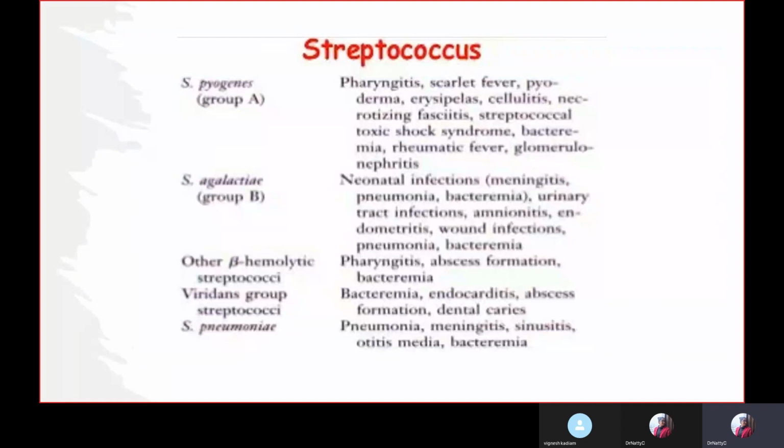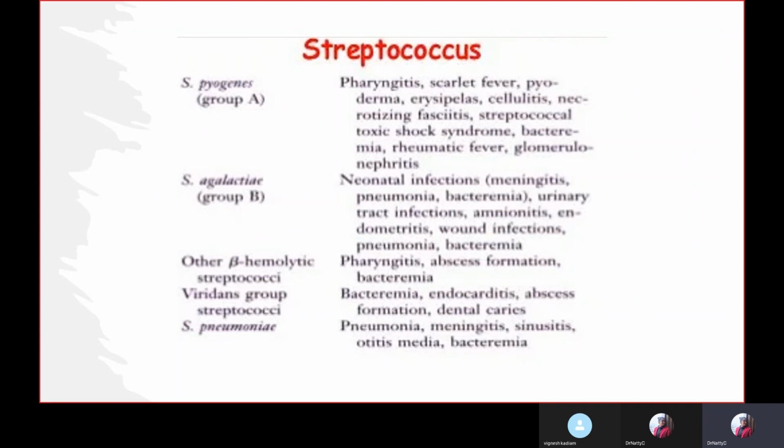Among streptococcus, you have streptococcus pyogenes, that is group A streptococcus, then group B streptococcus, then other beta hemolytic streptococci. These are the infections caused by streptococcus, of which streptococcus pyogenes infection is very important.